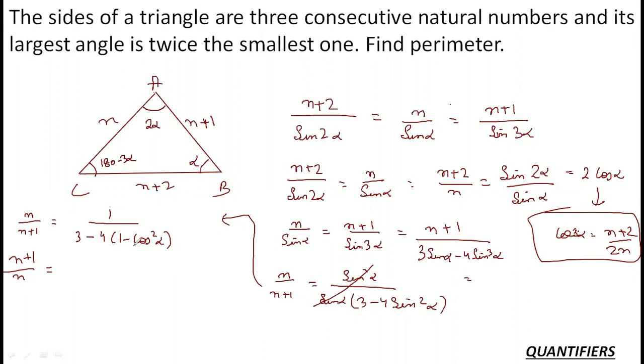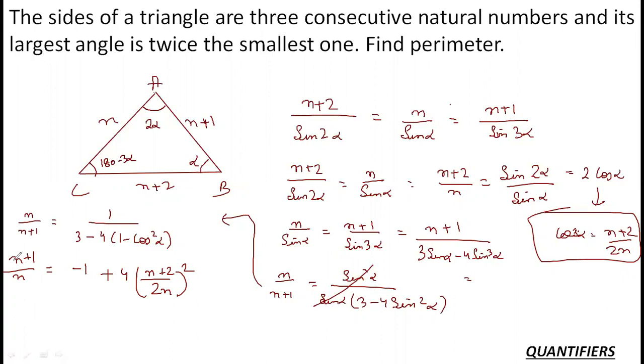It will be nothing but 3 minus 4 is minus 1, and in the bracket it will be minus 4 times n plus 2 upon 2n whole square. I have done nothing but just substituted the value of cos alpha from here, right?